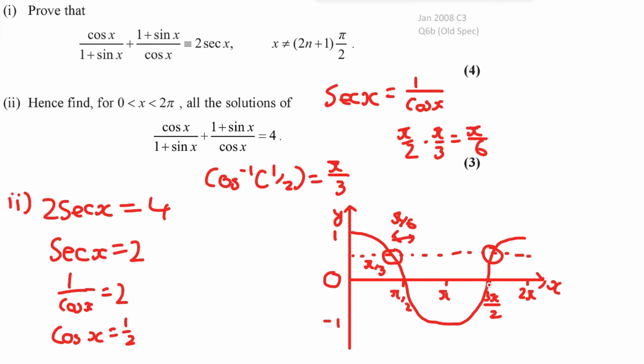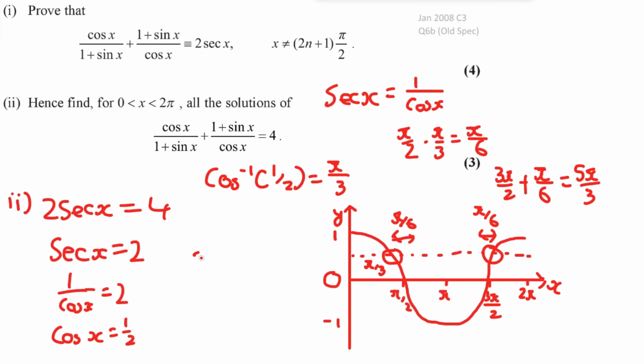So therefore the difference between 3 pi over 2 and this point here is also going to be pi over 6. So therefore this point here is equal to 3 pi over 2 plus the pi over 6 difference, which if you put into a calculator is equal to 5 pi over 3.